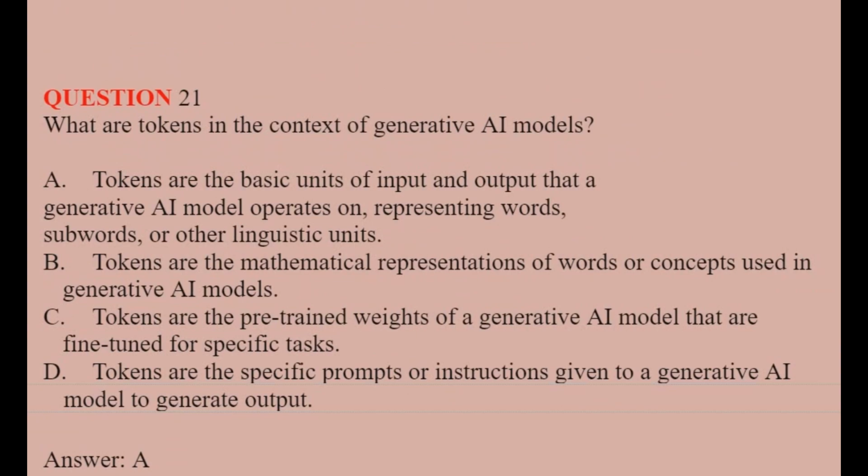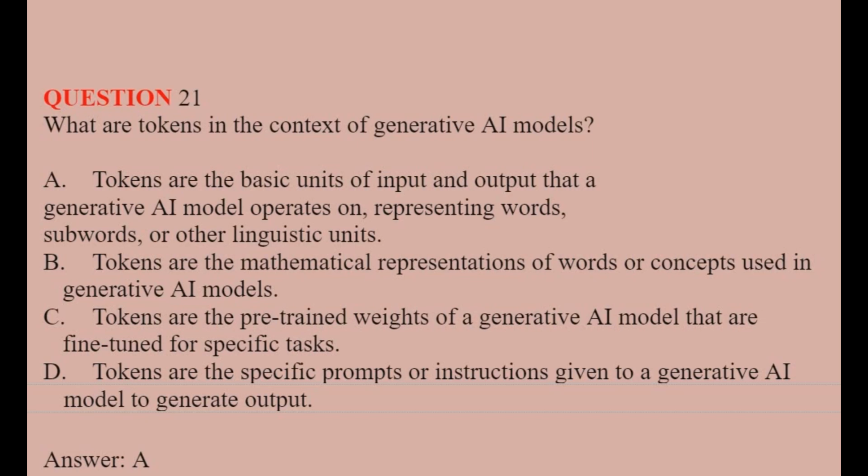Question is, what are tokens in the context of generative AI models? Option A, tokens are the basic units of input and output that a generative AI model operates on, representing words, subwords, or other linguistic units. Option B, tokens are the mathematical representations of words or concepts used in generative AI models.